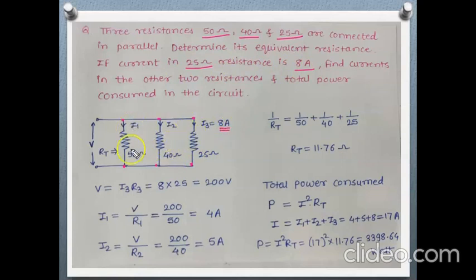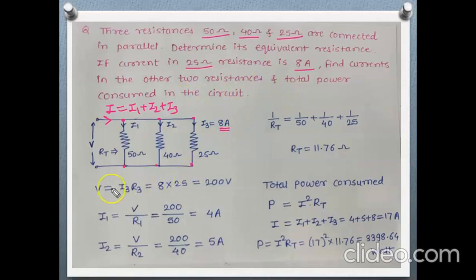So this will be I2 and this will be I1, and this will be the total current I flowing through the circuit, which gets distributed at this point through these 3 branches. So I will be I1 plus I2 plus I3, as it is a parallel circuit. Then we have to find the equivalent resistance, find the current in the other 2 resistances also, and find the power consumed in the circuit.